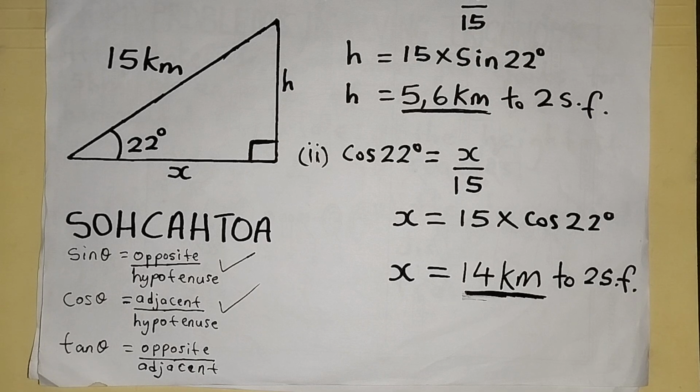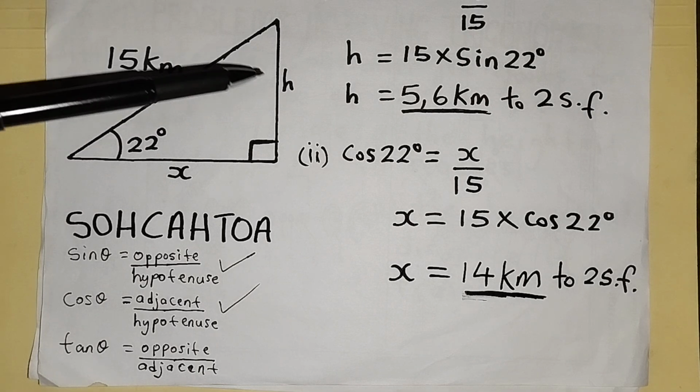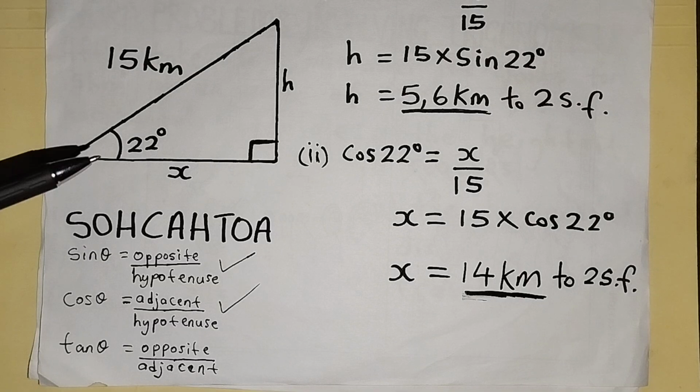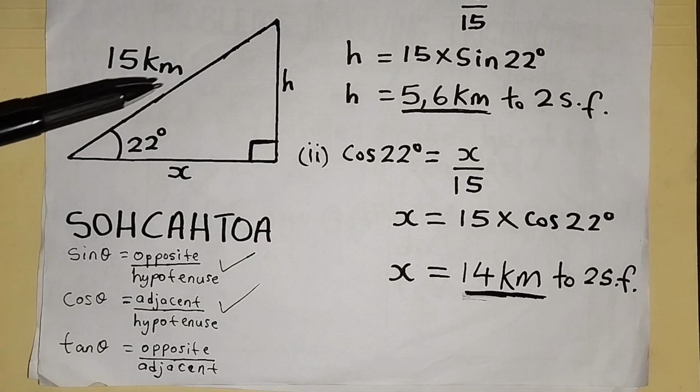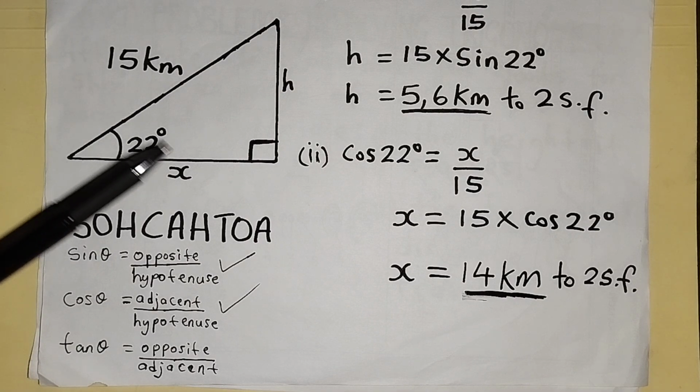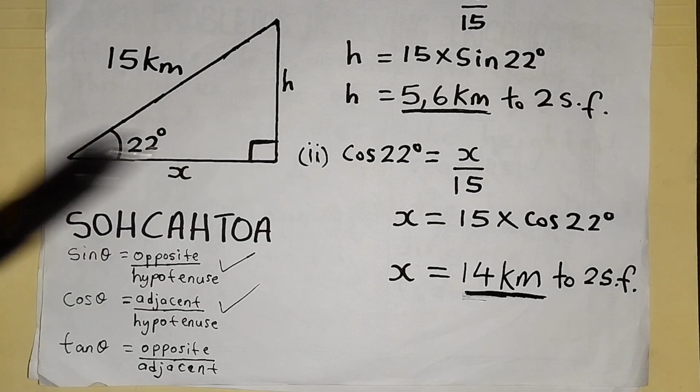So this height, which is shown by this letter H, is opposite the given acute angle here. So the height, H, is the opposite side of a right angle triangle, and this given 15 kilometers is our hypotenuse because it is opposite the right angle here.